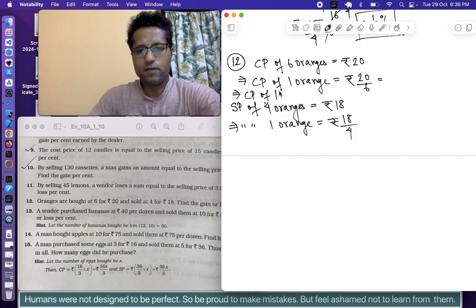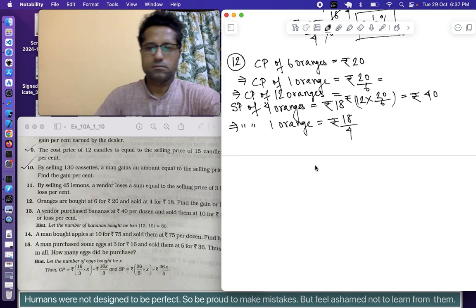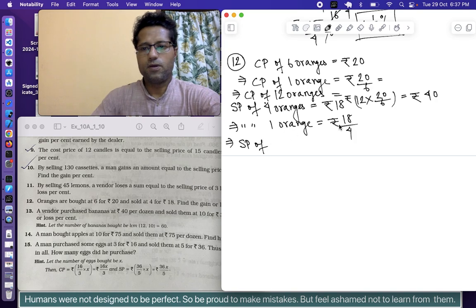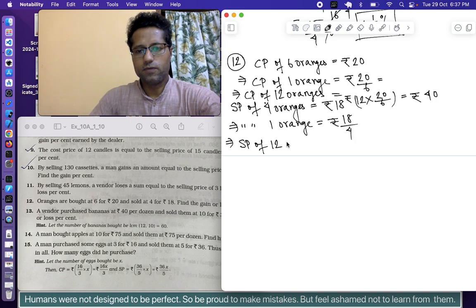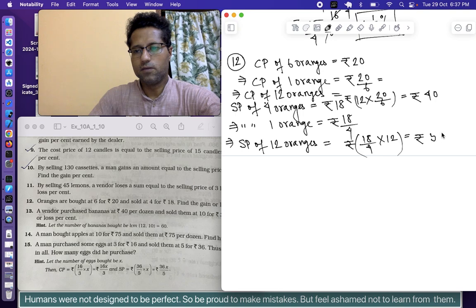So CP of 12 oranges, I'm sorry for my clumsy solution, will be 12 multiplied by 20 by 6 rupees. This is equal to 40. Similarly, SP of 12 oranges will be equal to rupees 18 by 4 multiplied by 12, which is equal to 54.